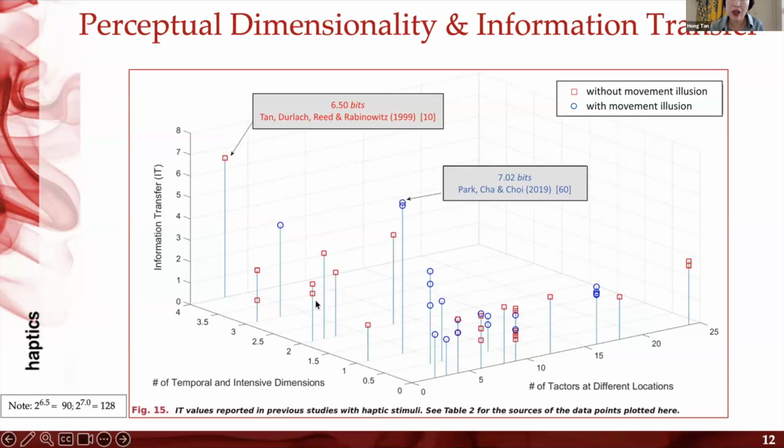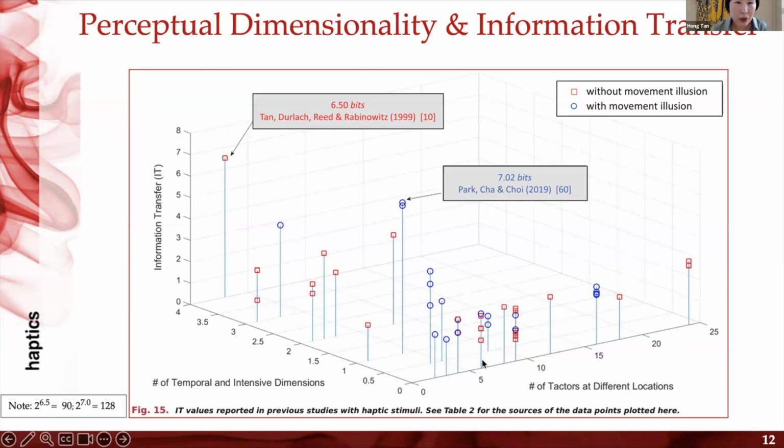Remember the power of information theory. We can turn everything into bits. That's how we can compare apples and oranges and put them on one plot. So we tried to summarize all these data. And then we pulled out another dimension, which I will call the number of tactors at different locations. With a vest, you can have lots of tactors, and people think that's going to help you transmit information. So we wanted to know how effective those are.